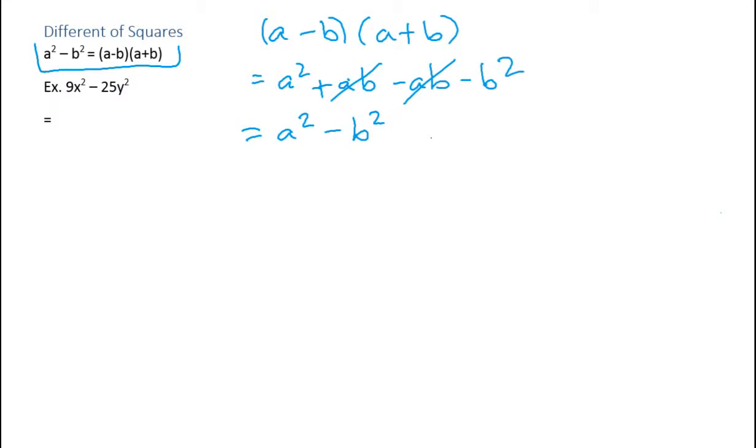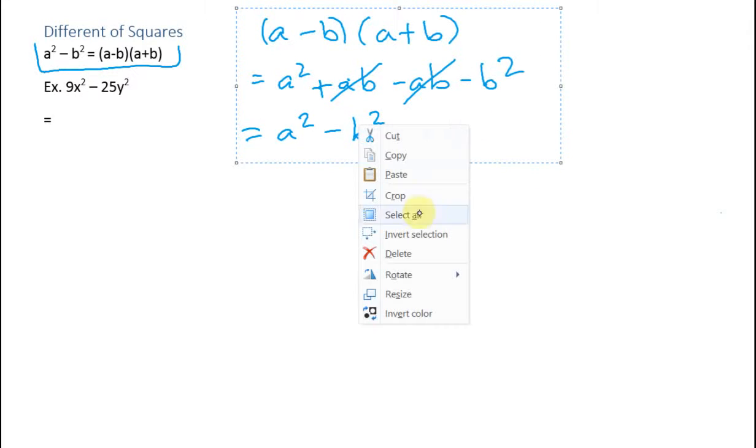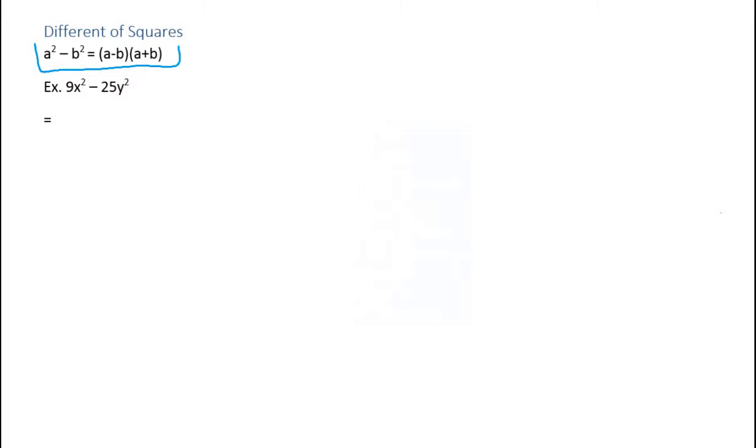But what if you forget? What if you have something that's a perfect square and you forget the pattern? Really, this is similar to something like a squared minus 4, which is also a perfect square, just like b squared is a perfect square.